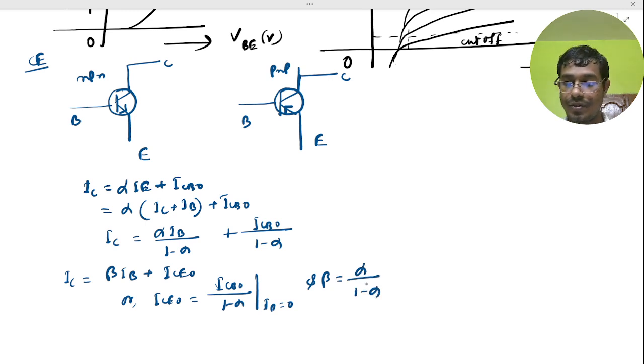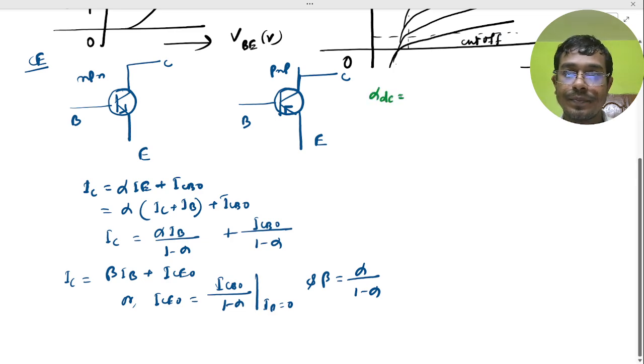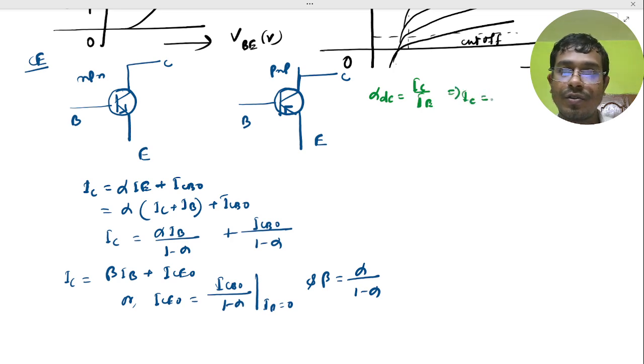This is the relation between alpha and beta, and we have defined two parameters here. Alpha DC is IC by IE, where IC equals alpha IE plus ICBO.